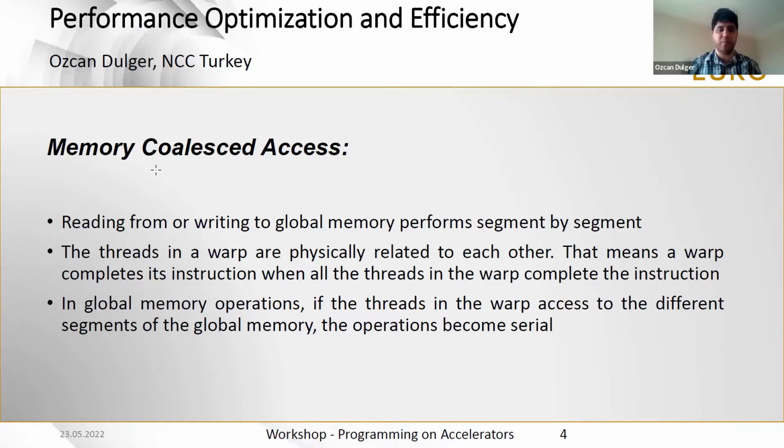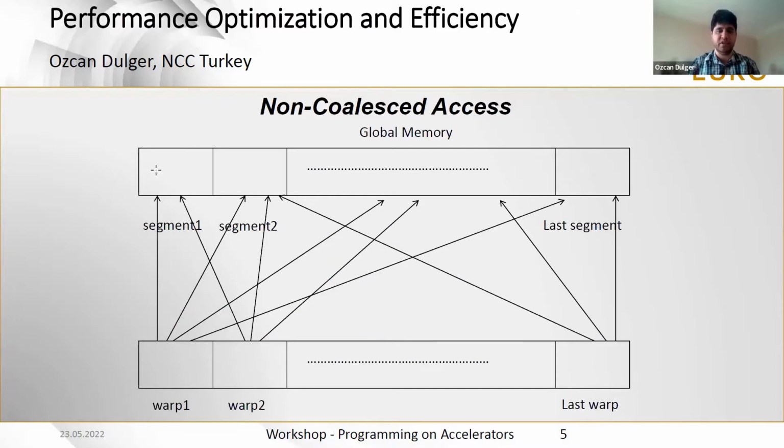In global memory operations, if the threads in the warp access different segments of the global memory, the operations become serial. Here is the picture of non-coalesced access of the global memory. Here there are warps. The arrows are the threads in this picture, and the threads in a warp access different segments of the global memory, as you see. So the operations become serial.